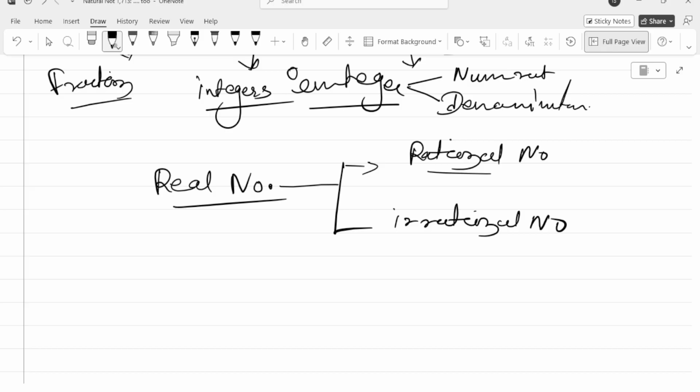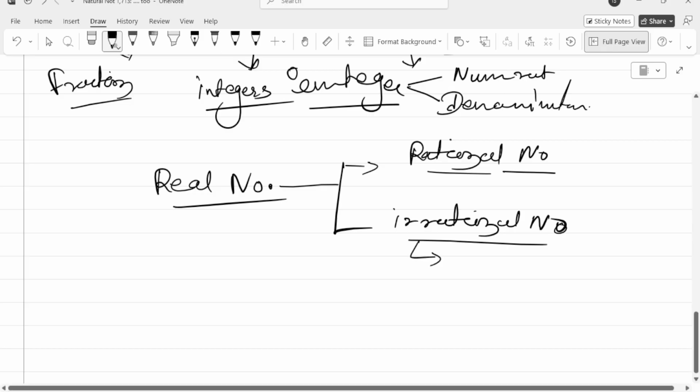Previously we discussed that all integers, whole numbers and natural numbers come in the rational number portion. Now we discuss irrational numbers. What is an irrational number? One that we cannot express in p upon q form. We cannot denote it in p upon q form.